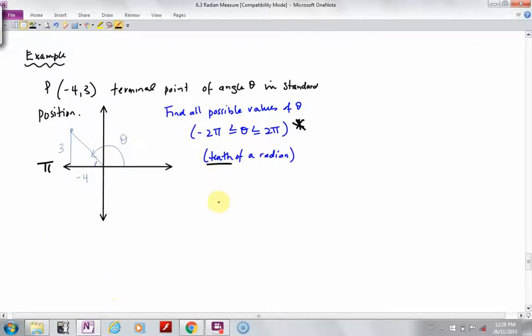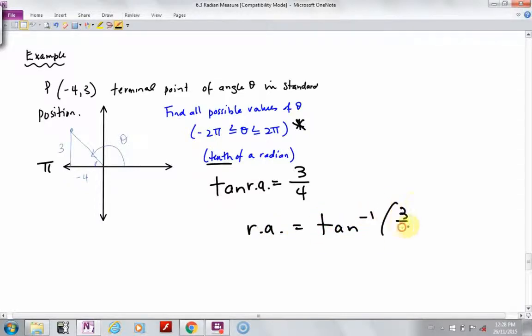Yeah, and how would I find the reference angle? You could probably use tan, it would be easiest, just because you don't have the hypotenuse. So tan of the reference angle, so let's write reference angle instead of theta. Tan of the reference angle is going to be 3/4, right? Opposite over adjacent. So to find the reference angle, we're going to do the inverse tan of 3/4.